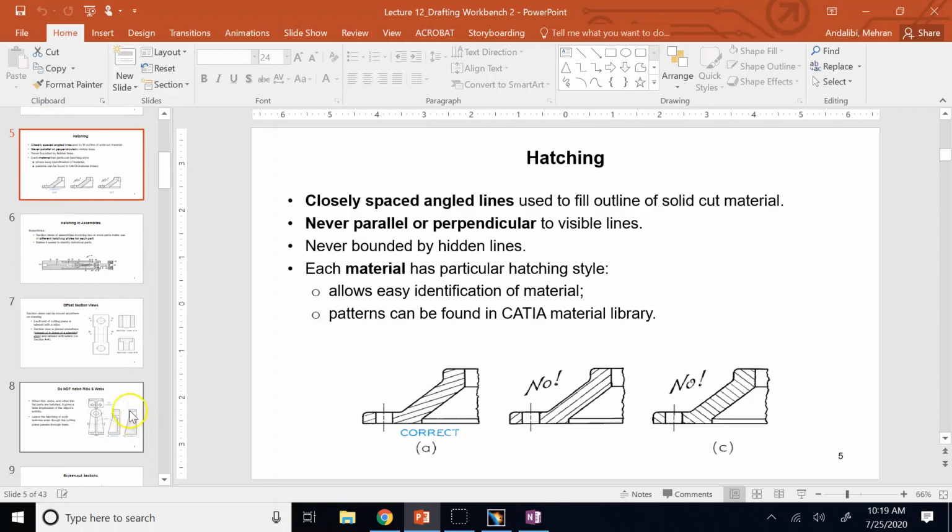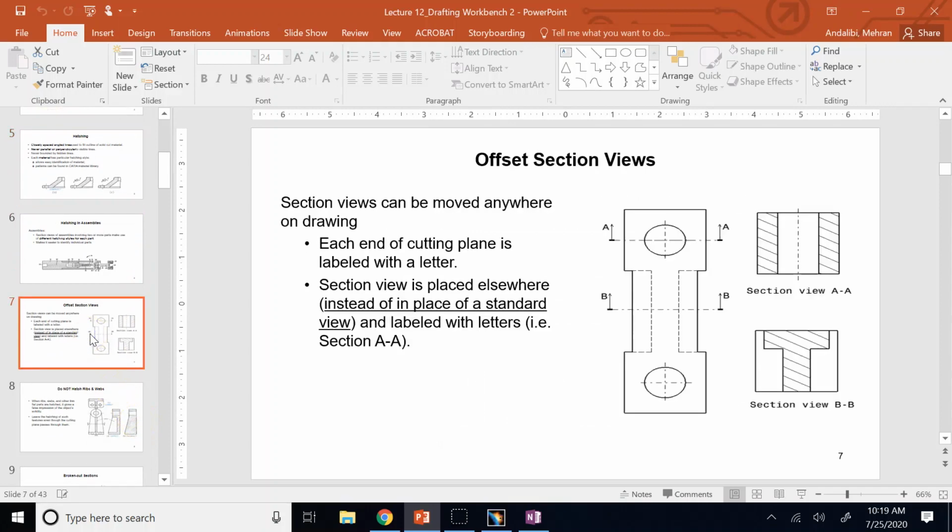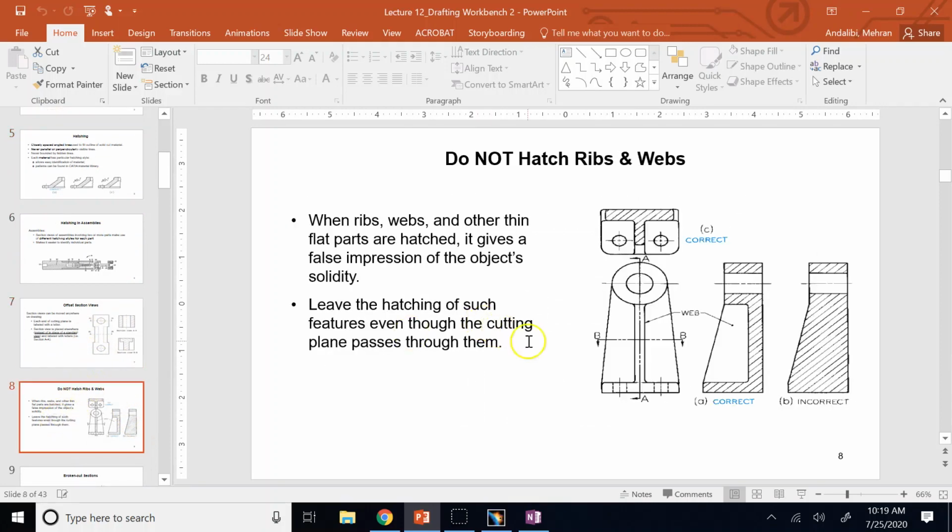Okay, and we don't need much of a section view here. Ribs and webs. If you cut a rib or a web, you should not hatch it.